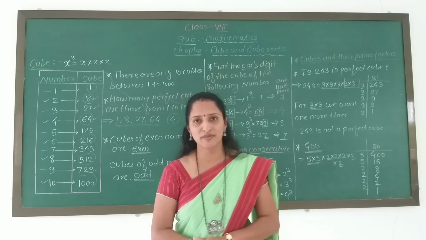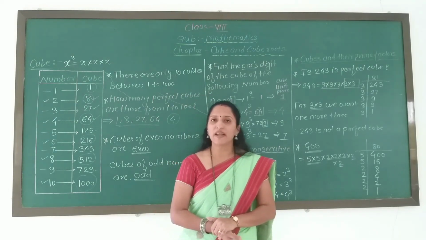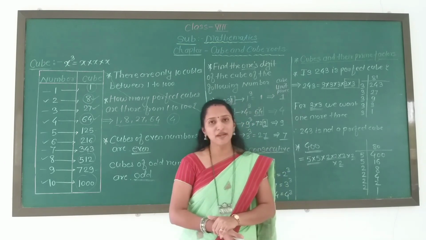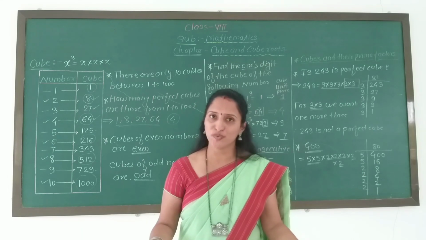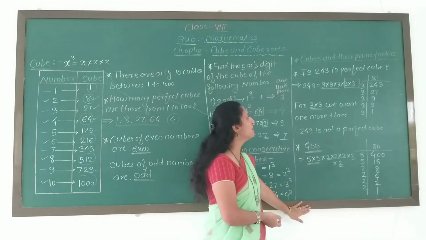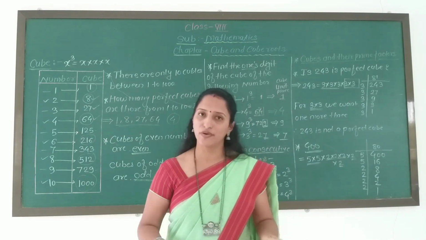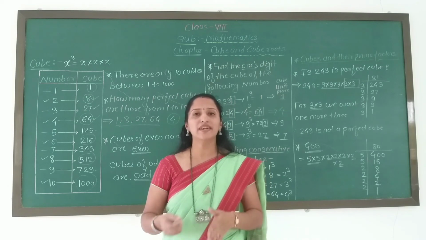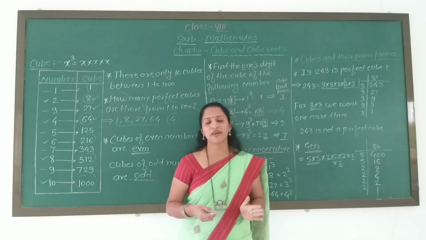What is our observation? Each prime factor of the number appears 3 times in prime factorization of its cube. And one more type of example: how to find whether the given number is a perfect cube or not. So using prime factorization, we can easily find out whether the given number is a perfect cube.